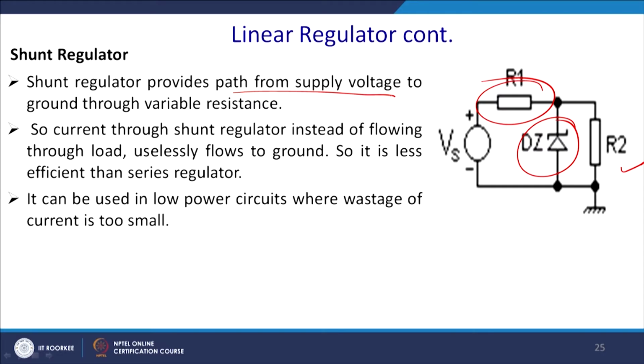The path supplies the voltage to the ground through the variable resistance. So, the current through the shunt regulator, instead of flowing through the load, uselessly flows to the ground. So, it is less efficient than the series regulator and it can be used for low power circuits where wastage of current is too small, and generally it is used for the gate driver or biasing of transistors at signal level.